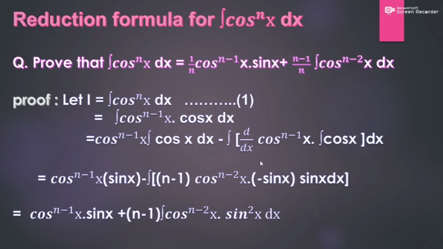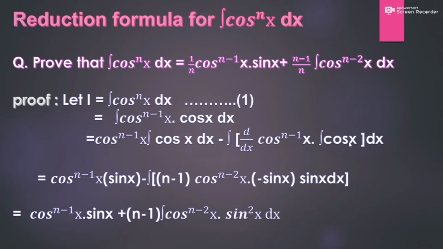Then reduce the power by 1, that means we subtract, n minus 1 minus 1 becomes n minus 2, so n minus 1 into cos^(n-2) x. Then by the chain rule we take the derivative of the cos function. The derivative of cos is minus sin x, so we write here minus sin x.